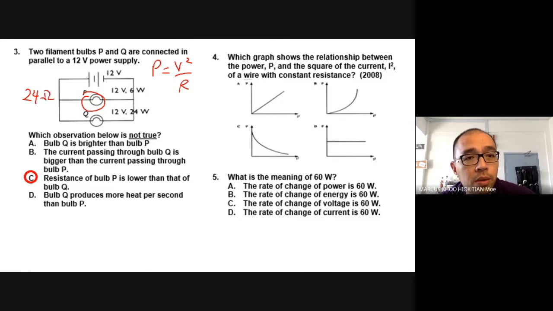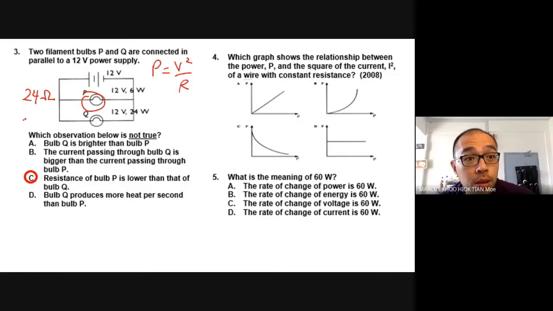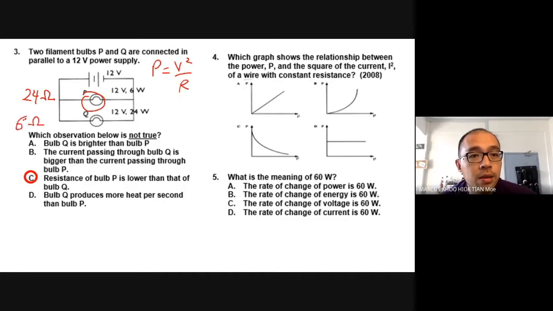Really? 24? Okay, Q? Q, 6 ohms. 6 ohms only. Oh, 6 ohms for Q. Okay. So, Wilson, in terms of calculation, this is the correct answer because the question says which is not true.